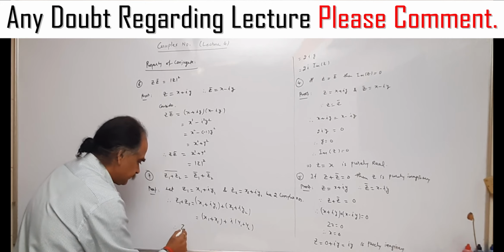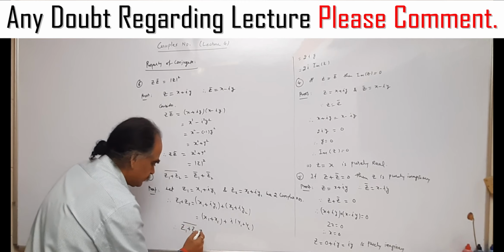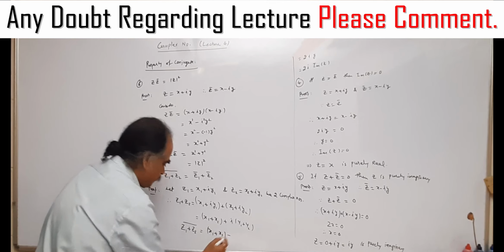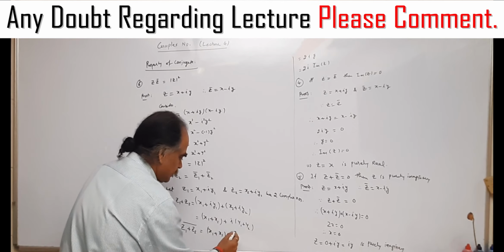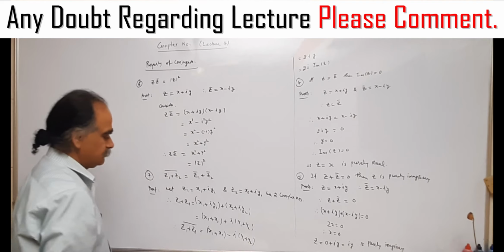What is z1 plus z2 conjugate? x1 plus x2 minus i into y1 plus y2.